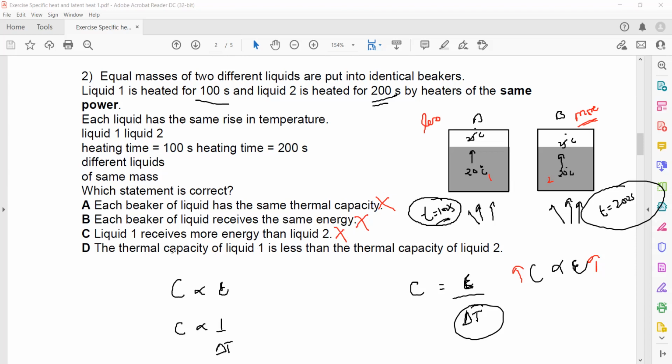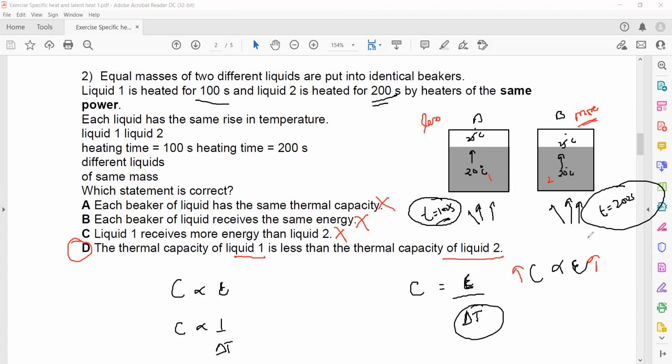When we check the last option, the thermal capacity of liquid 1 is less than the thermal capacity of liquid 2. That is the right answer, because if we supply more energy, then the thermal capacity of the material will be higher, as the thermal capacity is directly proportional to energy supplied and inversely proportional to the temperature change.